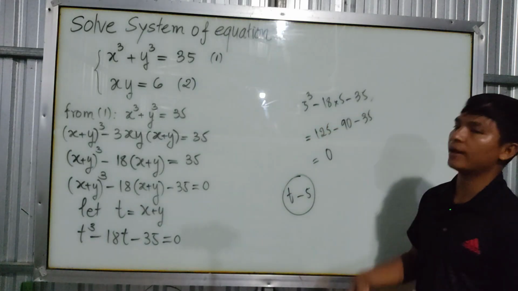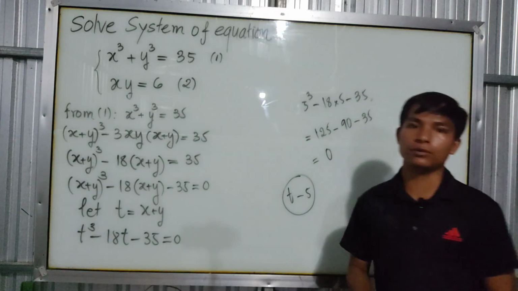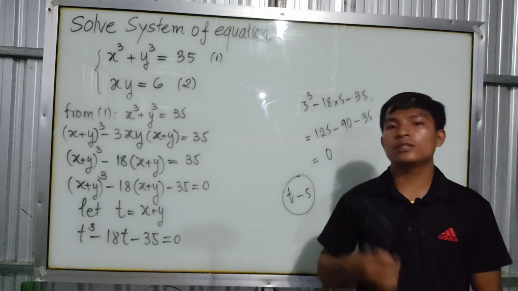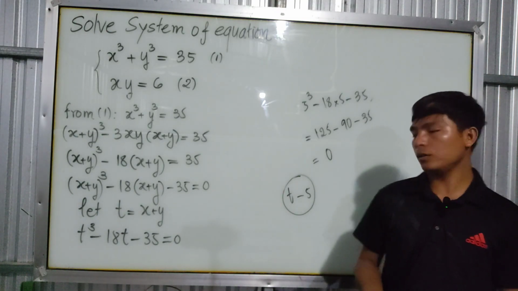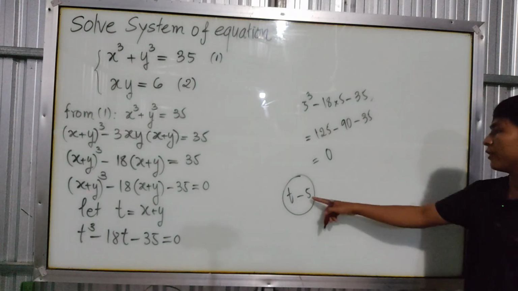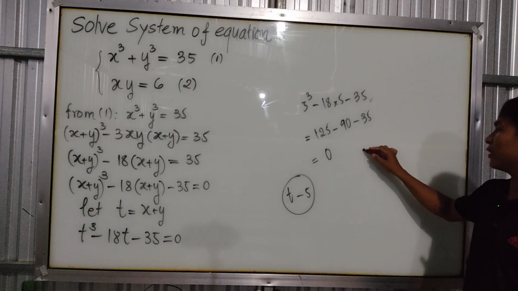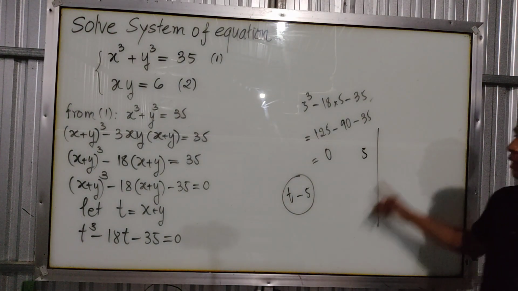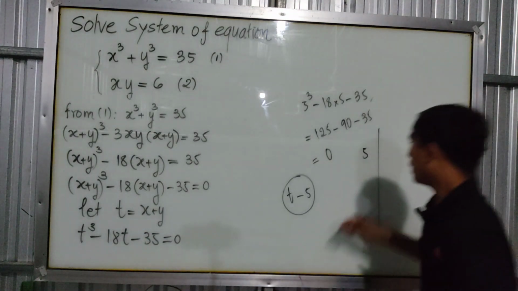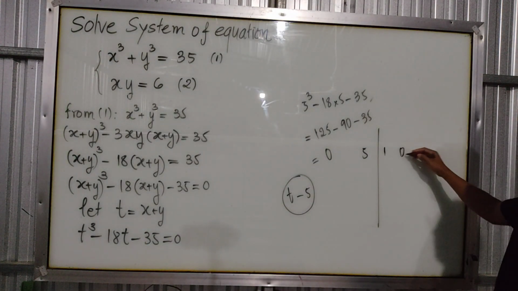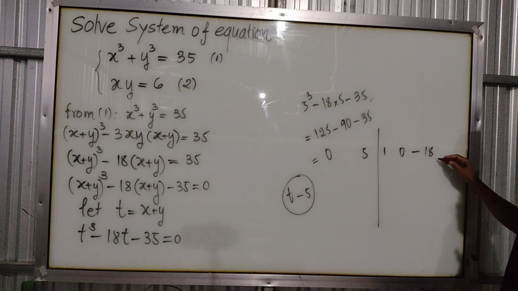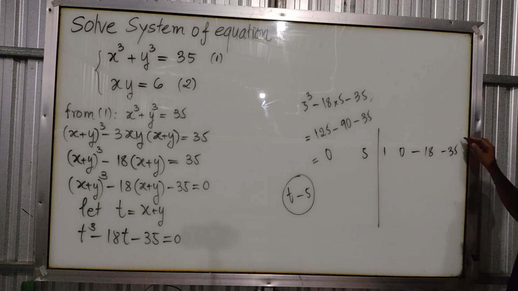To find the other factor of this equation, we use synthetic division. With t equal to 5, we write 5, and the coefficients 1, 0, minus 18 and minus 35.